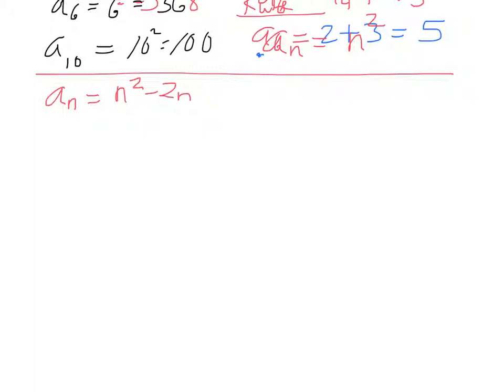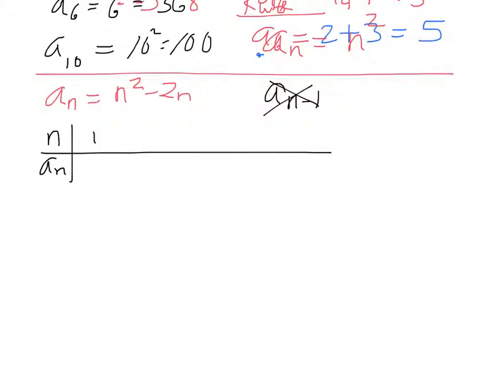Okay, so this is an explicit rule. Notice here, there's no a sub n minus 1 stuff going on here. We don't need to know those previous terms. Okay, so n and a sub n. N is going to be the first term, second term, third term, fourth term, and fifth term. Got to find the first 5.